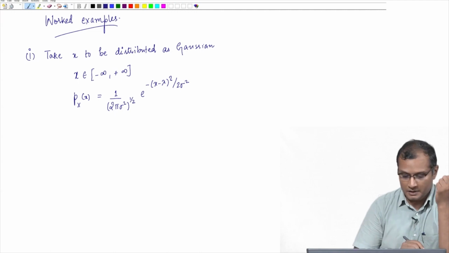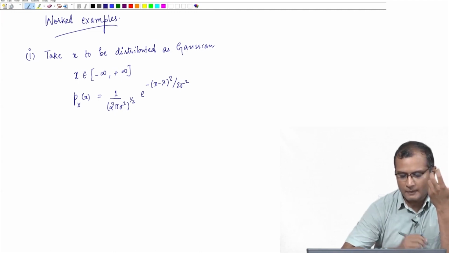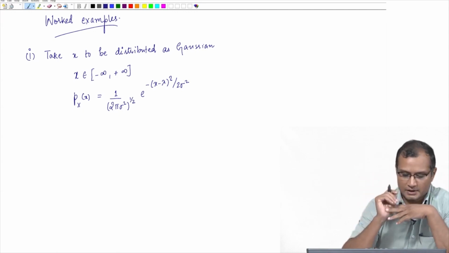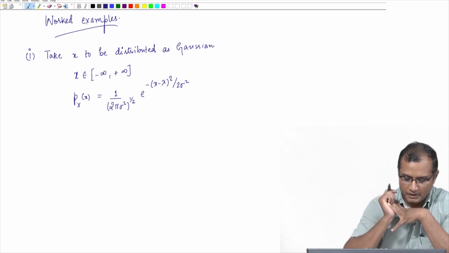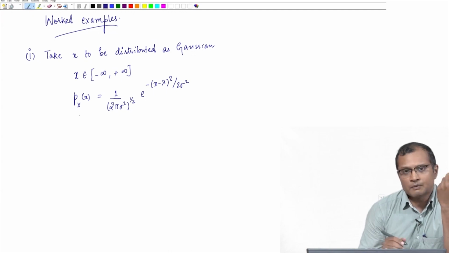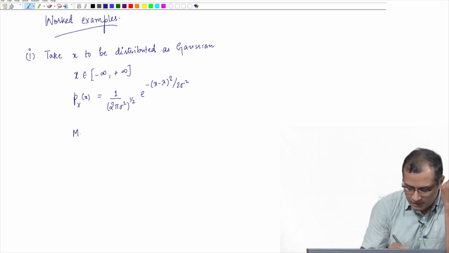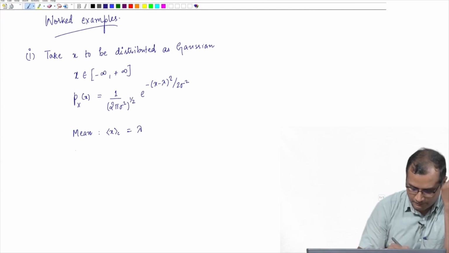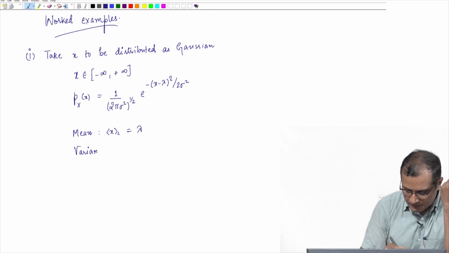Now, you can see easily that the distribution is completely specified by the two cumulants, and this was also discussed in the class. And I have taken the mean of this distribution to be non-zero. So, I have the mean, which is basically the first cumulant, as lambda, and I have the variance as sigma square. So, the first two cumulants are already known to me.